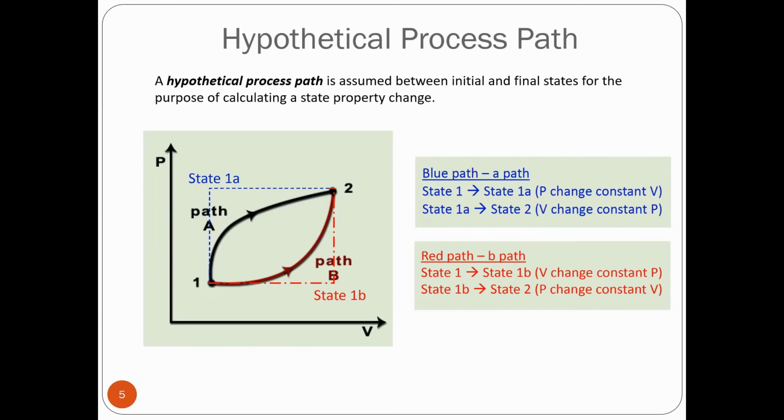The red path is vice versa, where you construct a path with a V change at constant pressure first, and then from state 1B to state 2, a P change at constant V. It can be either way, but a hypothetical process path can have many steps.